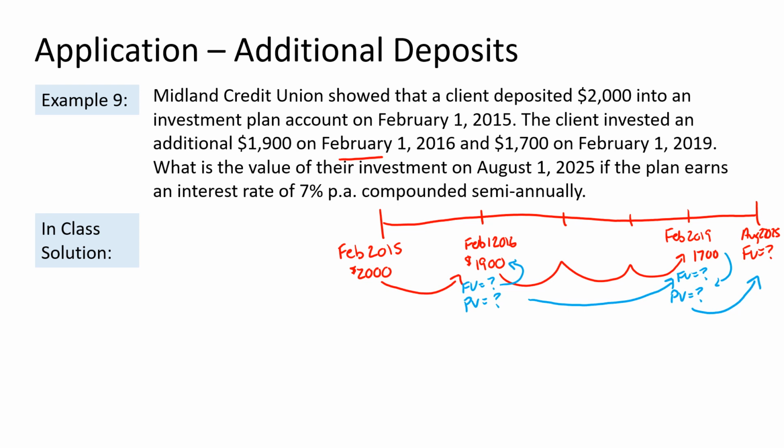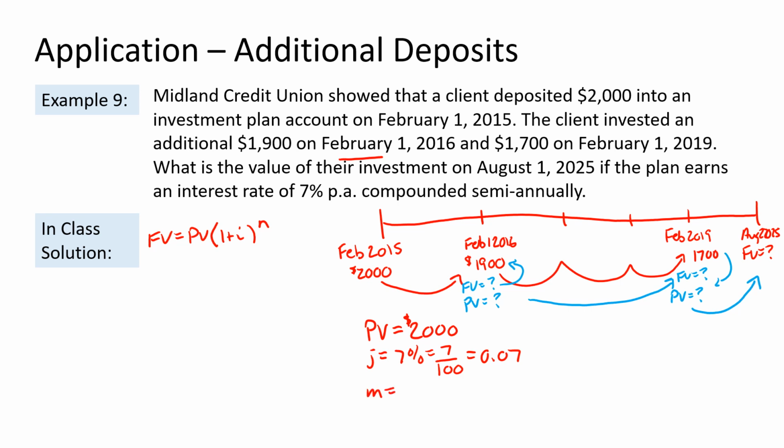Okay, so we're going to start with our formula. Our future value is equal to our present value times 1 plus our periodic rate of interest, all to the exponent n. For our first calculation, our present value is $2,000. Our nominal rate of interest, which is the case for all items in this question, is 7%, which is 7 divided by 100, removing the percentage sign, or 0.07.